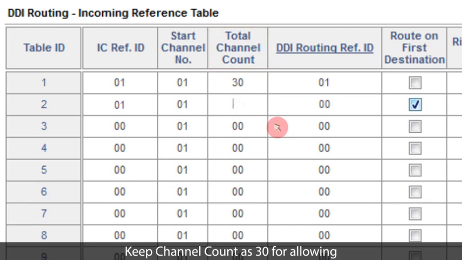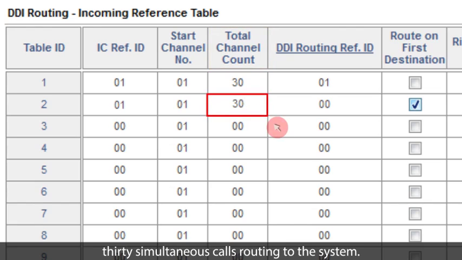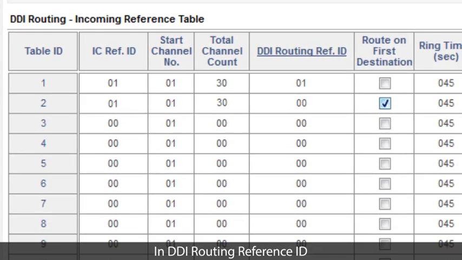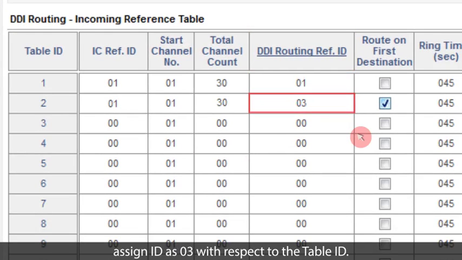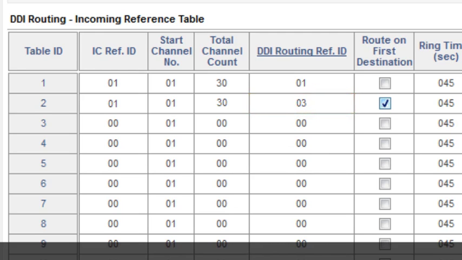Keep channel count as 30 for allowing 30 simultaneous calls routing to the system. In DDI routing reference ID, assign ID as 03 with respect to the table ID. The same DDI routing table will be referred for incoming and outgoing DDI mapping.